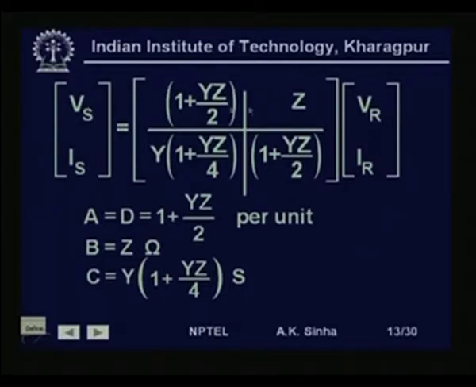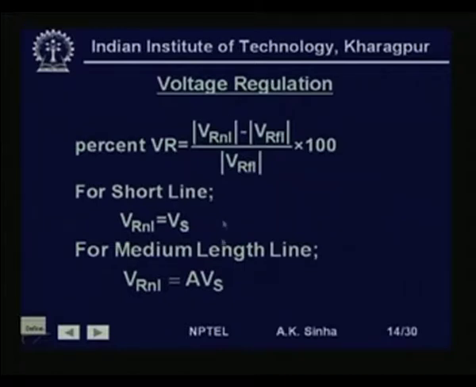So, Vs will be equal to A VR only, and therefore, we have the no load voltage at the receiving end, that is VR at no load will be equal to A into Vs, and therefore, we can calculate VR at no load from this relationship.